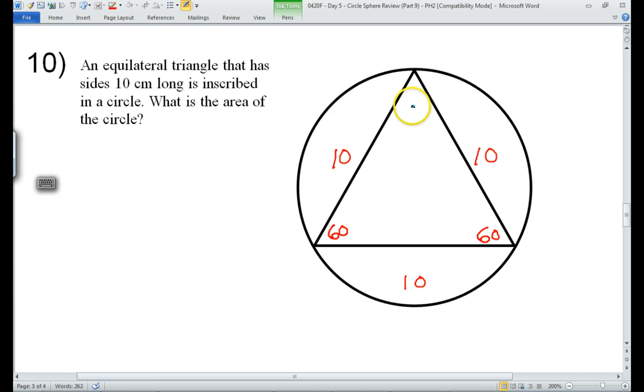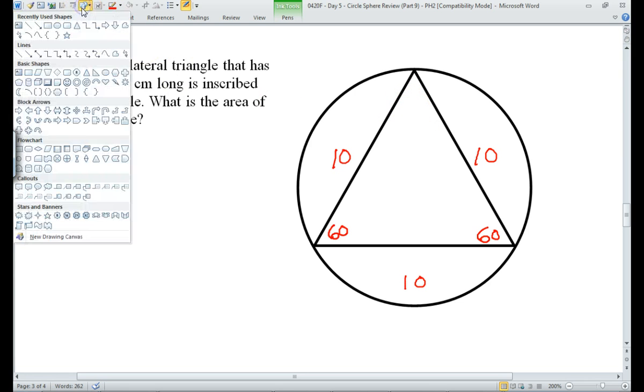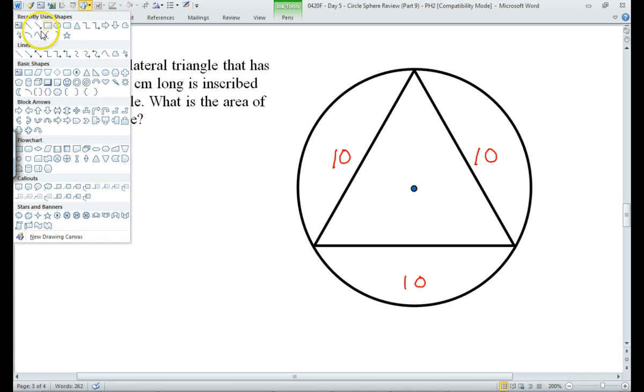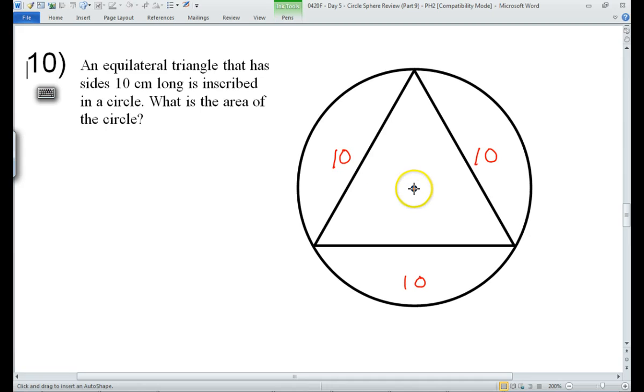The reason why I'm not drawing this 60 in yet is because I can bet that I'm going to need to divide this triangle up first. So let's do this. Here's the center of the circle. Let's draw 3 radii like this and divide this triangle up into 3 triangles.